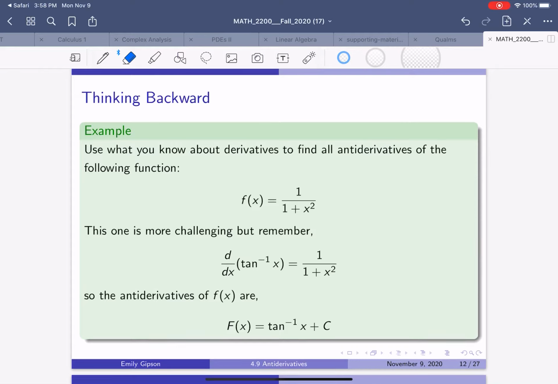So the antiderivatives of lowercase f of x are capital F of x equals inverse tangent of x plus c. This plus c is very, very important, and yes, you will get points off if we ask you to find the family of antiderivatives and you forget a plus c. And yes, you will get points off if this happens in Calculus 2, Calculus 3, engineering classes, physics classes. Plus c is very, very important.